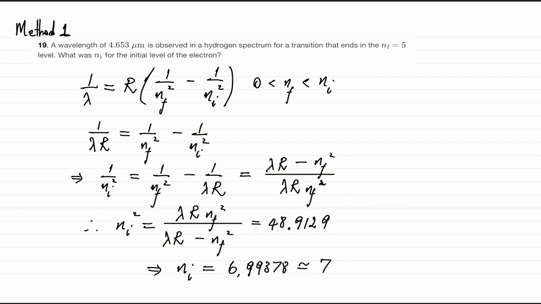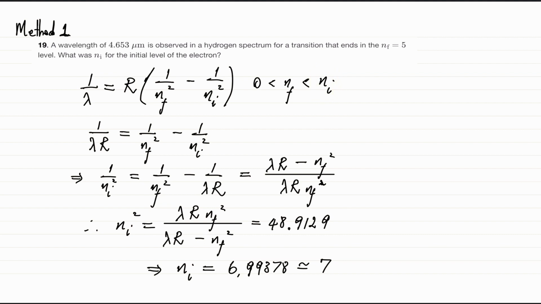In other words, we must have started at an energy level which has a larger quantum number than the final. So the point is, 5 is going to be less than whatever Ni is. So that's the only time this formula is applicable. The condition is that Nf must always be less than Ni.